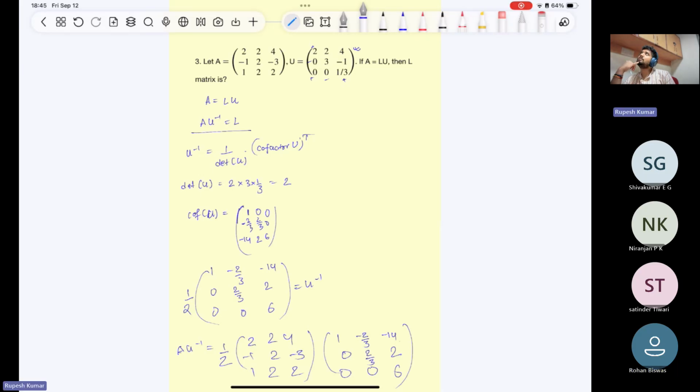LU is not possible. If there are situations where your diagonal elements are getting 0, you might need to pivot. So PA equals LU is always possible, where P is a permutation matrix in which you are swapping the rows. But LU itself is not always possible.